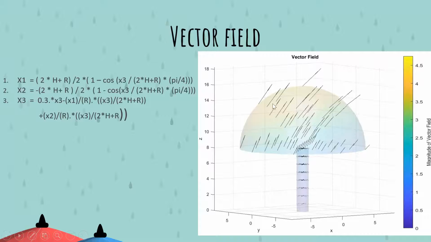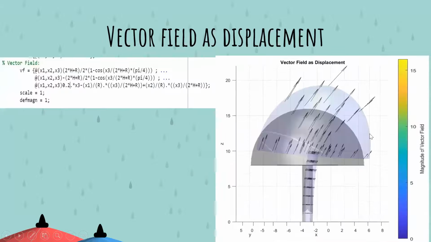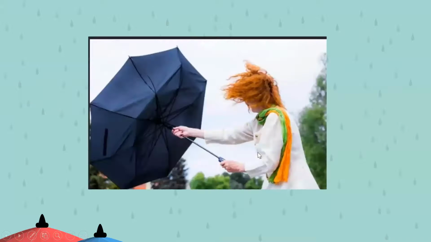You can see the direction of the force of the vector field on the umbrella, and in the vector field displacement, as we've seen in this image, the canopy has moved, and there is a small deflection in the shaft.